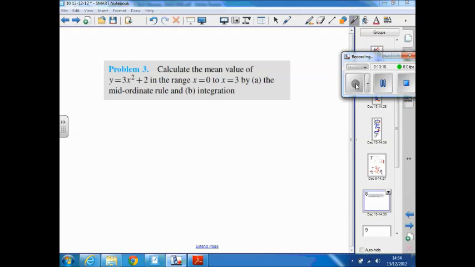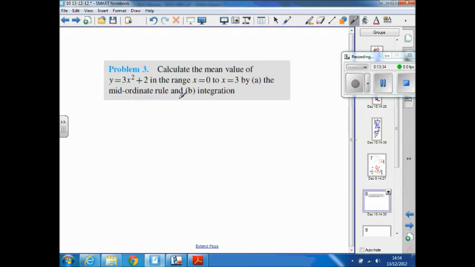Now, whoever takes you for the maths when I come back is going to be looking at some numerical methods to find the area under the curve. There's Simpson's rule, the trapezium rule, the mid-ordinate rule.